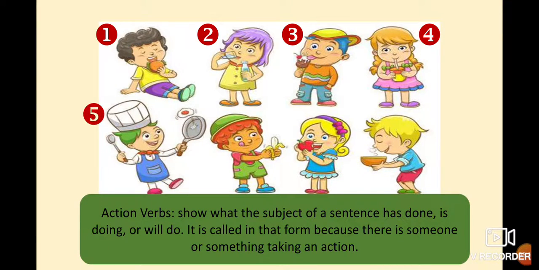My father was a cook in a restaurant. Number six, the boy is eating a banana. Number seven, the girl likes to eat apples. And number eight, the boy is smelling a delicious soup.